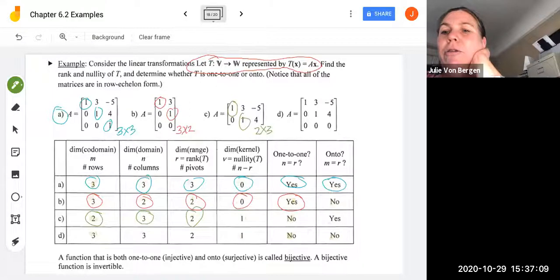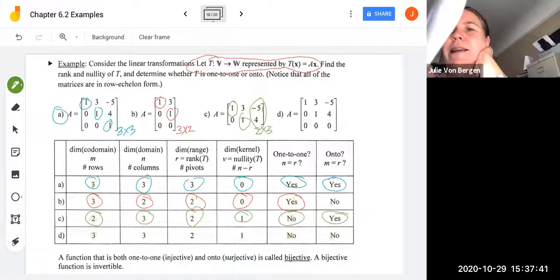So 3 minus 2 is 1 here. So the null space of T is 1. And you can kind of see that from this column right here, the column that would be associated with the free variable. So we would put t instead of x3 here. And then this is not 1-to-1 since the dimension of the domain is 3 and the rank is 2. And then this is onto though, because the dimension of the codomain is 2 and the rank is 2.